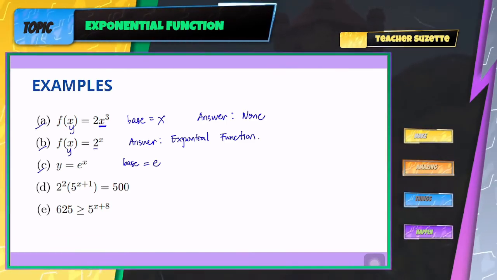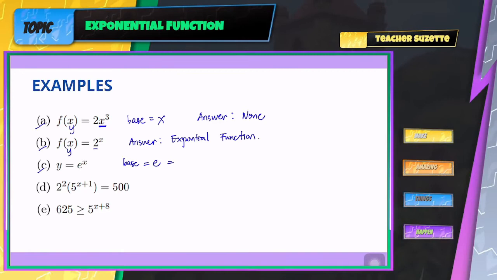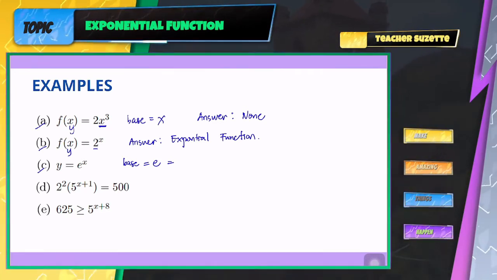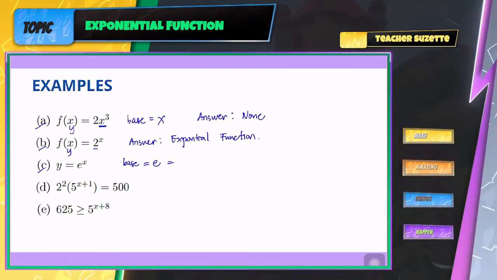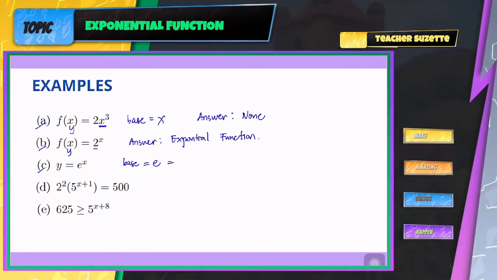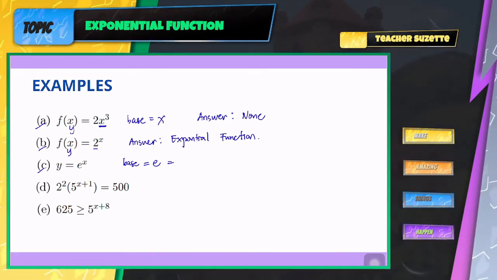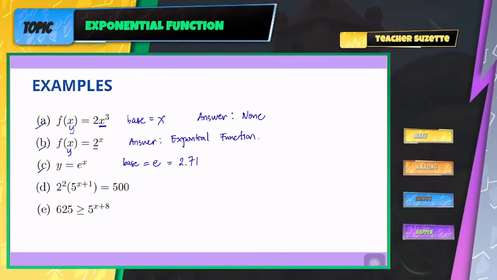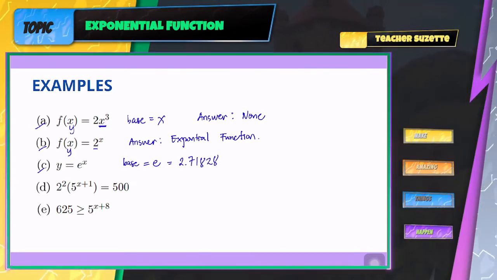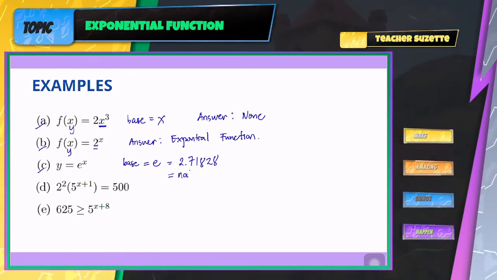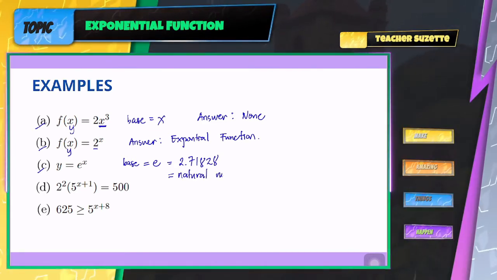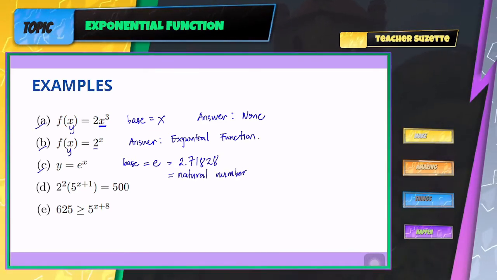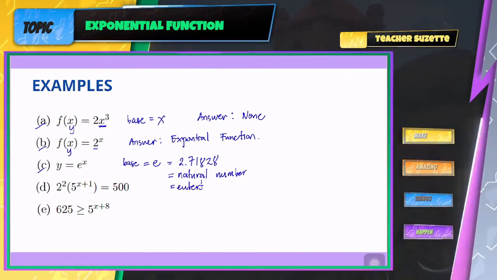And this e is not like the variables na usually nating sinusolve like x and y or a, b, c. This e actually has a value which is 2.71828, or tinatawag po siyang natural number or Euler's number.